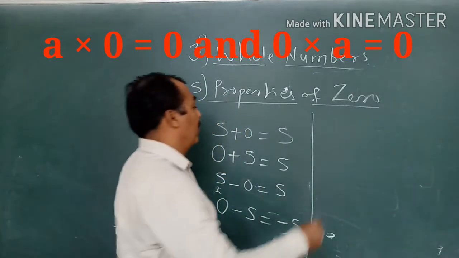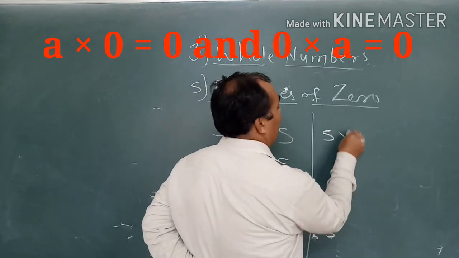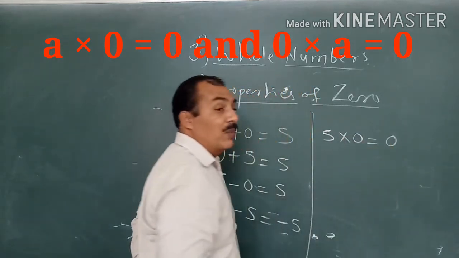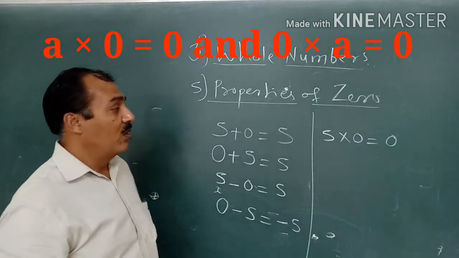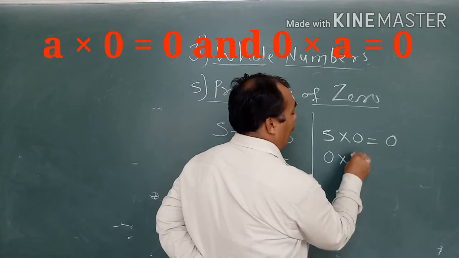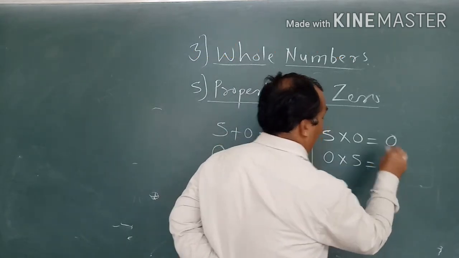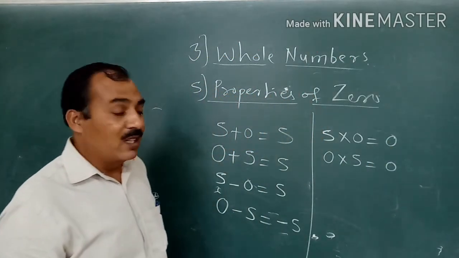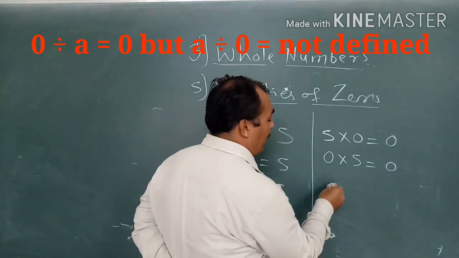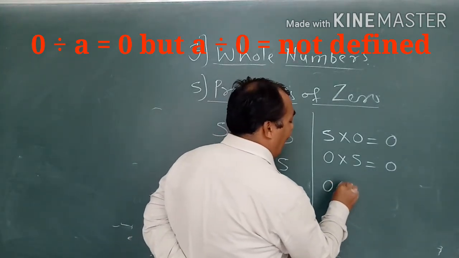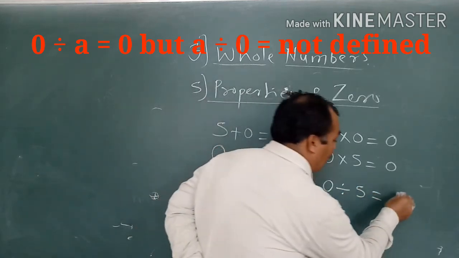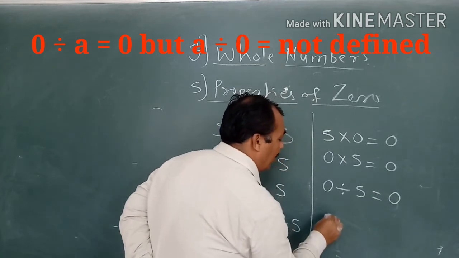Then next, 5 multiplied by 0 is equal to 0. When we multiply any number with 0, we get 0. Or 0 multiplied by 5 is equal to 0. 0 multiplied by any number is equal to 0. Next, apply the property for division. 0 divided by 5 is equal to 0.